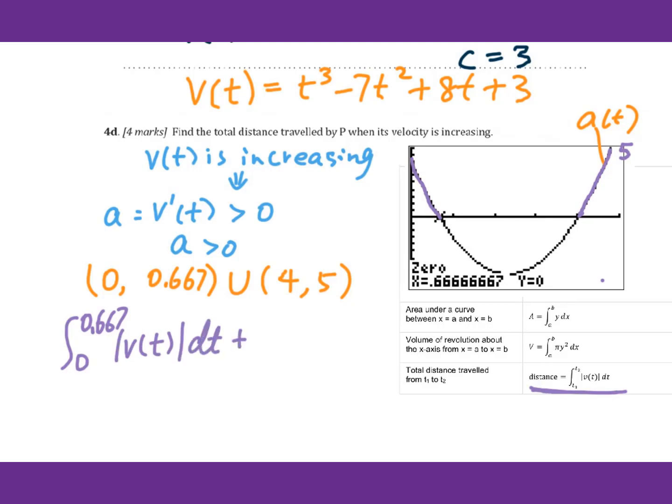Then plus from 4 to 5, do the integral of the velocity function. Remember this is the absolute value of the velocity function. This equals the distance.